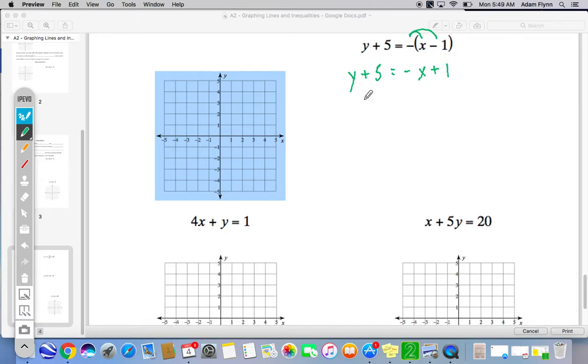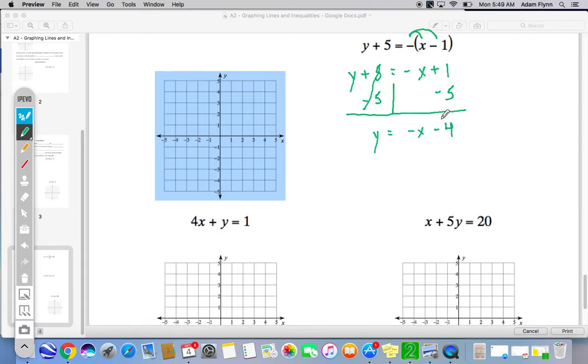So to get y by itself, to get it in slope-intercept form, I can subtract 5 from both sides. So the 5's cancel, and I'm left with y equals negative x minus 4.